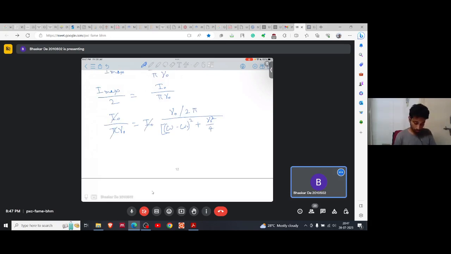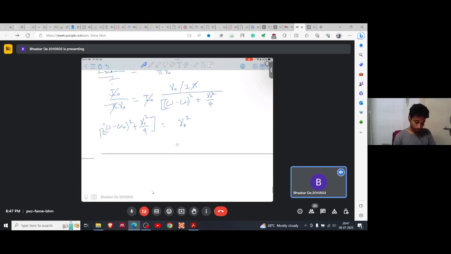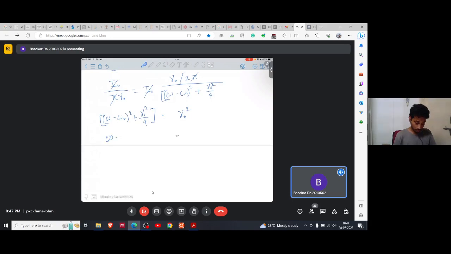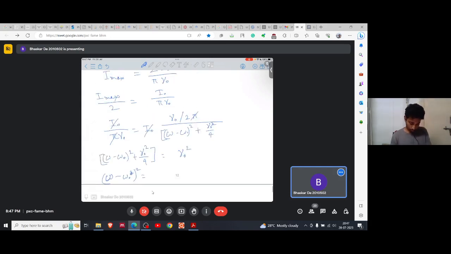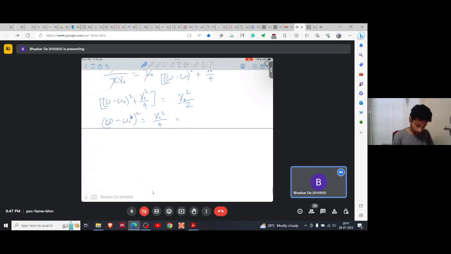Here I naught and pi cancel, so we will have omega minus omega naught whole square plus gamma naught square by 4 equal to gamma naught squared by 4 times 2, so omega minus omega naught squared equals gamma squared by 4.